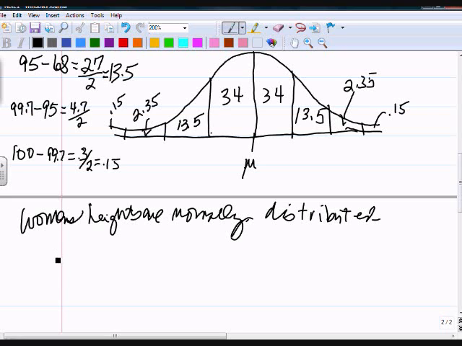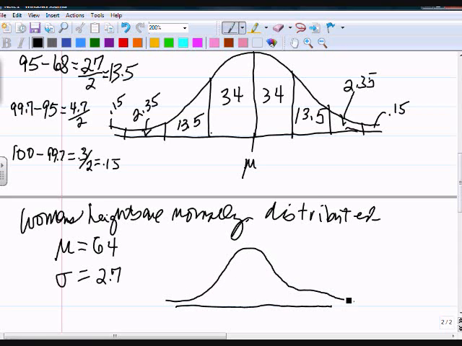And the mean height from the homework was 64 inches, and the standard deviation, they said, was 2.7 inches. Okay, so since those heights are normally distributed, I'm going to draw a little normal distribution. Not bad.